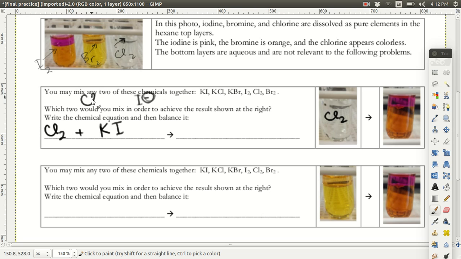But chlorine is more electronegative than iodine, so it will steal that electron. And then what you get? You get iodine, and that's pink, and chloride. Okay, there it is. That's pink. That's iodine. Okay, you see how it's done?